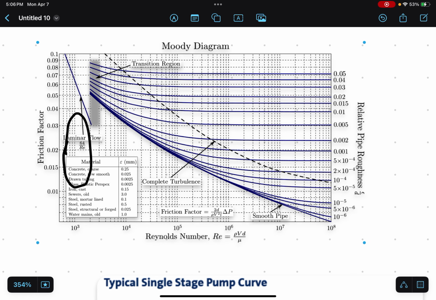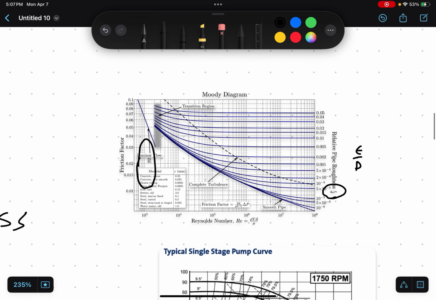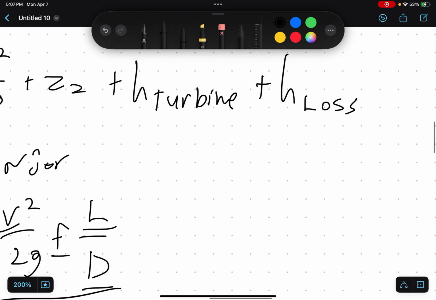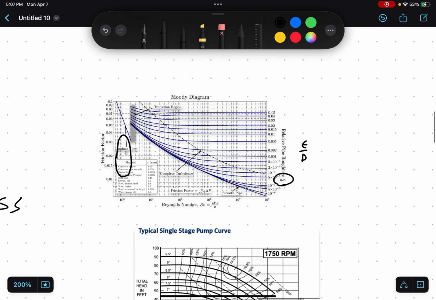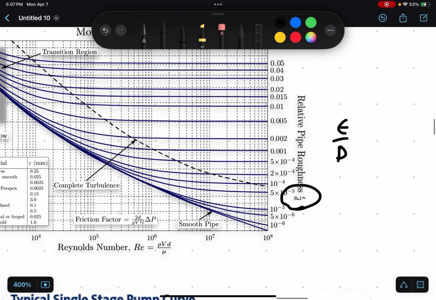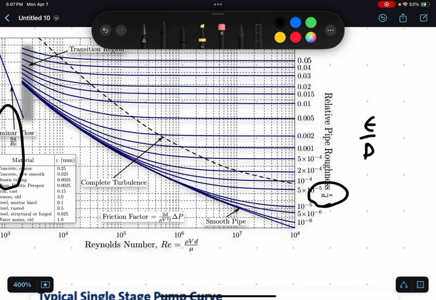The way we get that is first by calculating epsilon over d, and d is the diameter. It's the same diameter that you use here. And the epsilon number, they'll give you in a problem statement, or they'll ask you to solve for it and give you everything else that you need. So you can calculate this number.